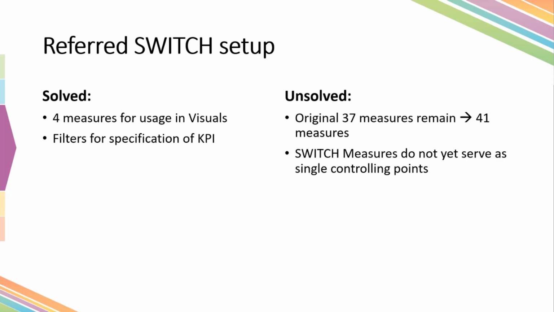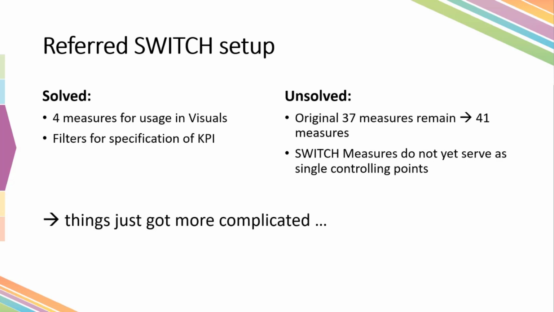If he wants to change, for example, the columns that are being used, etc., then this has to be done in the individual measures. So the switch in this case is only a bridge, but it doesn't solve the actual problem that I was facing. And so things just got more complicated for the user.